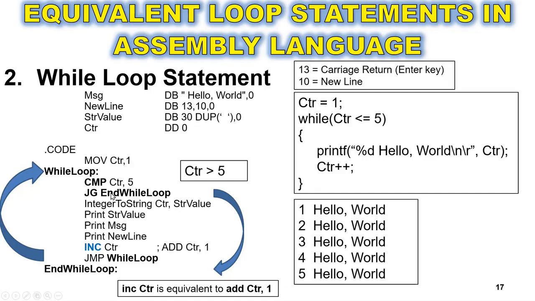However, if the JG conditional jump does not satisfy and it will not jump to that end while loop, the rest of the body of the loop will be run by the CPU, such as the following: integer to string.